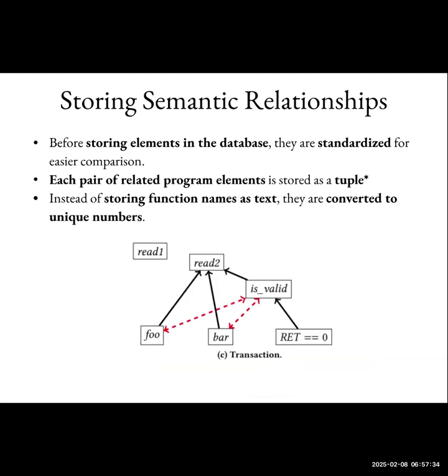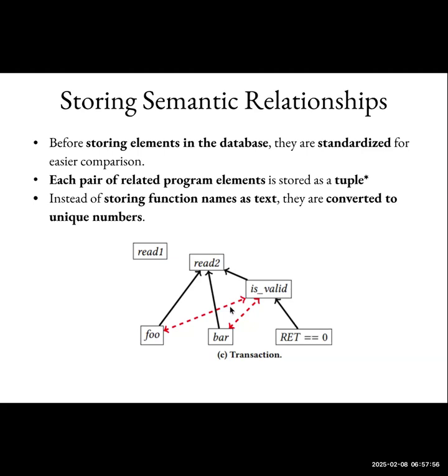Now, how do they store the semantic relationships? Before storing the elements in the database, first they are standardized, and each pair of related program elements is stored as a tuple. Instead of storing the function names as text, they are converted into unique numbers.